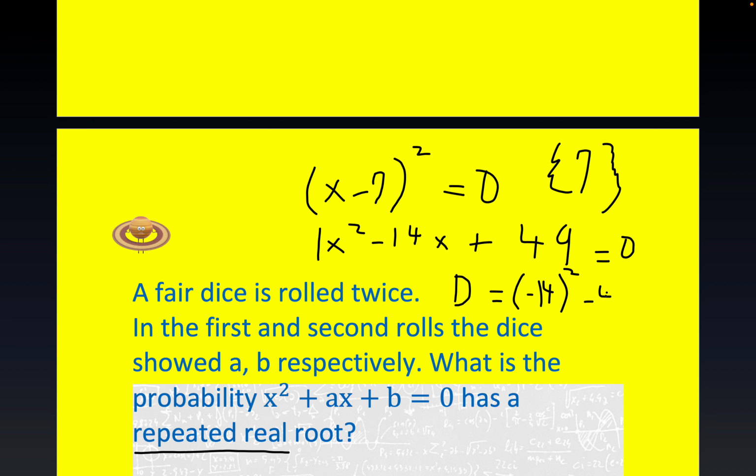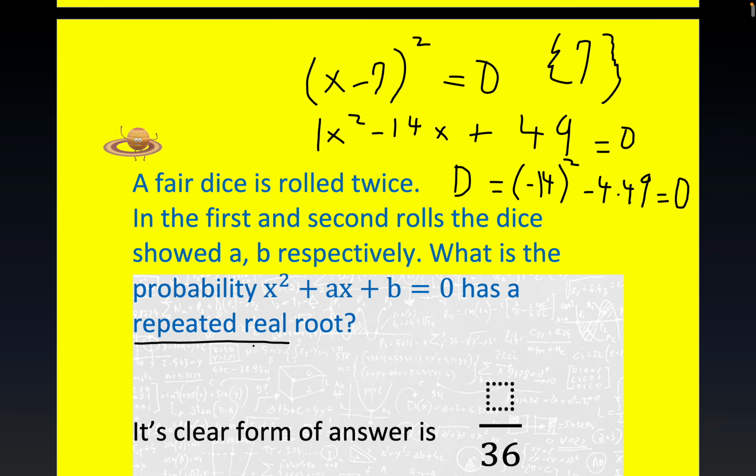But guess what? 4 times 49 is also 196. So we get 0 there. So that's the necessary and sufficient condition for a repeated root to occur in a quadratic: the discriminant has to be equal to 0.